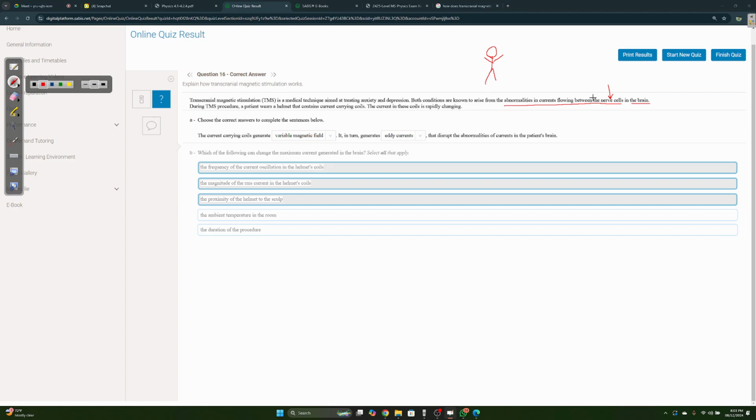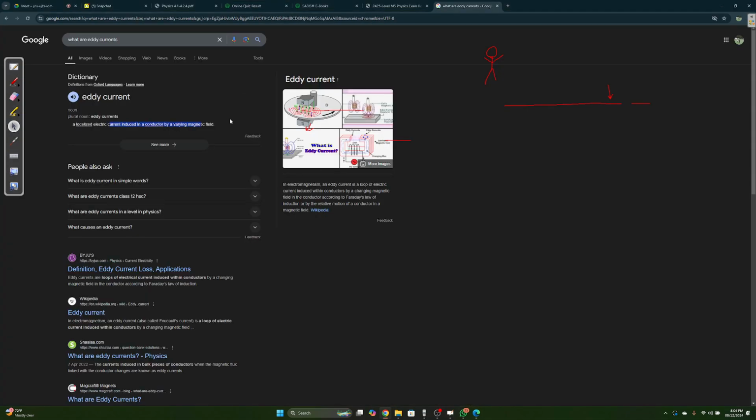So what happens in TMS is you wear coils, these current-carrying coils, and since they carry really rapid currents, they produce a variable magnetic field, and they produce eddy currents. Let me search this up. Basically, an eddy current is just a current made by a varying magnetic field.